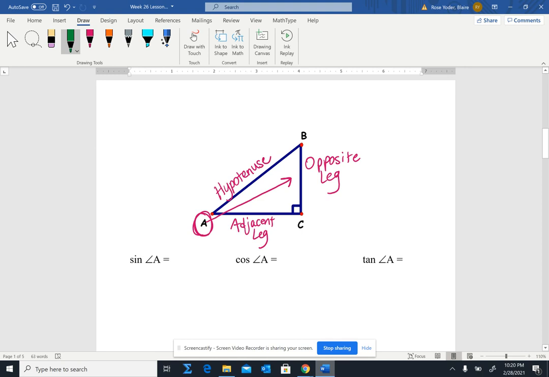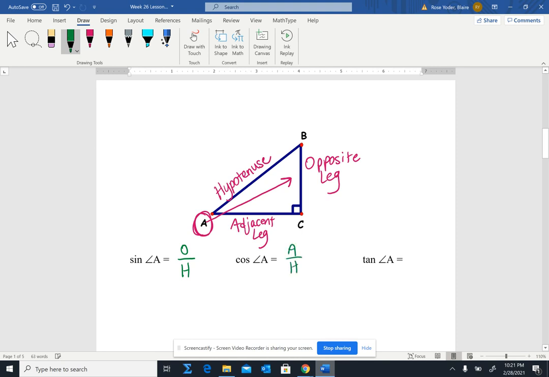All right, let's learn what these vocabulary words mean. Here's the key. All it means is it's just a ratio. It's just a fraction. So if I say, what's the sine of angle A? I'm just looking for you to give me a quick fraction, nothing more than that. So sine always means opposite leg over hypotenuse. I don't want to write all of that, so I'm just going to write O over H. Cosine always just means the ratio of the adjacent leg over the hypotenuse.